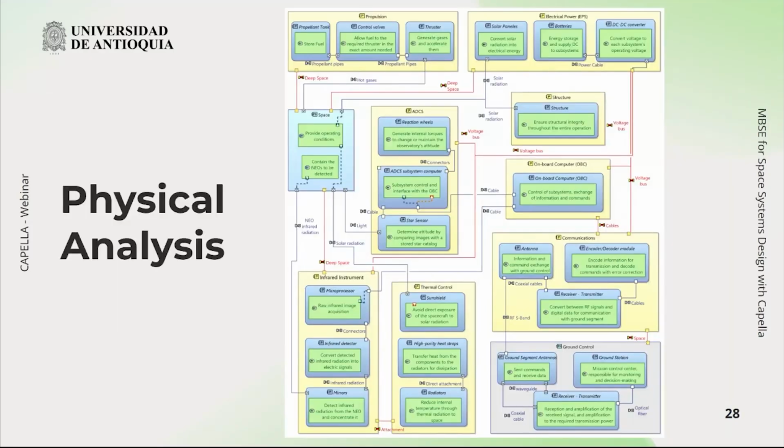And in the physical analysis, now we have specific components, as Paula said, and physical interfaces that are very important, because now we see how those relations between the different subsystems are, but in this case with a specific physical interface.